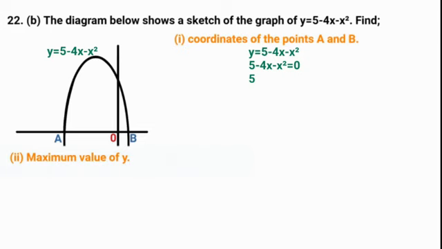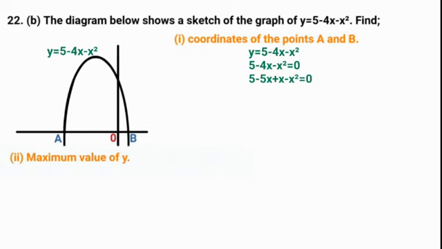So we're going to have negative 5x plus 1x minus x squared is equal to 0. Now I'm going to put them in groups. 5 minus 5x will form one group, and x minus x squared will form another group.